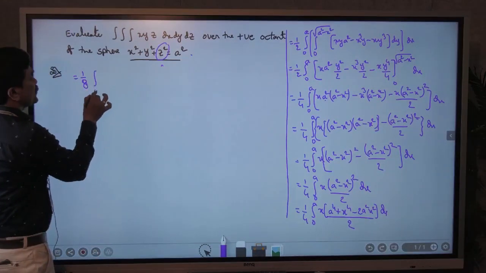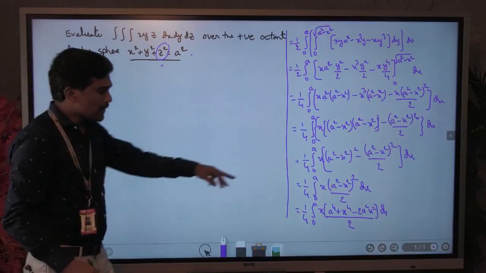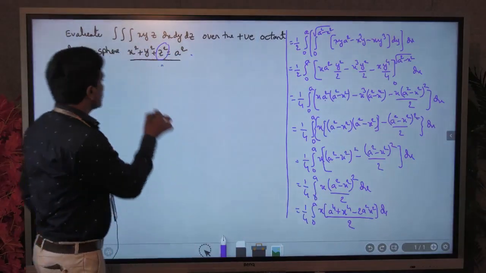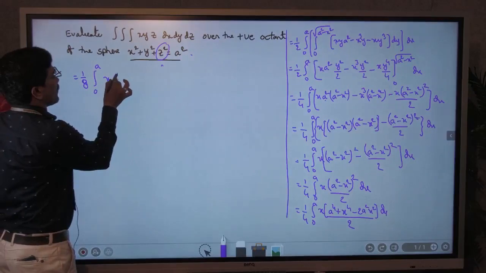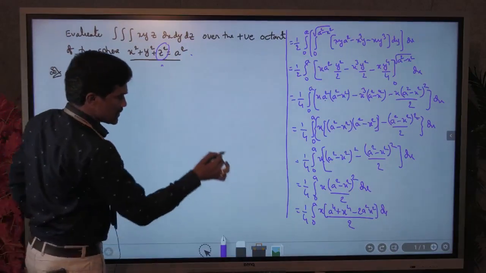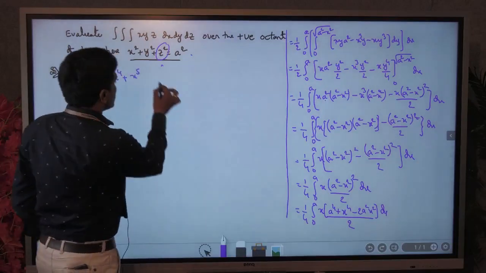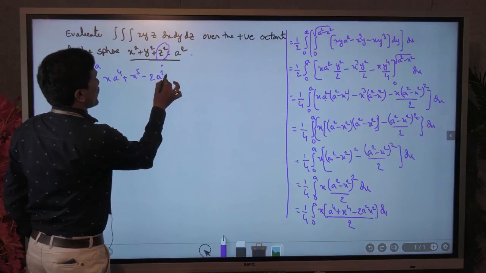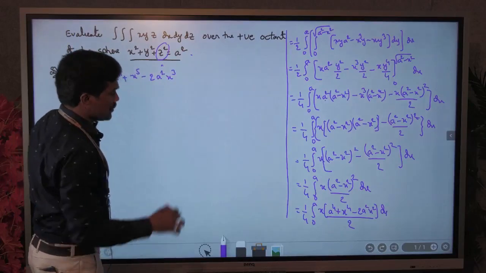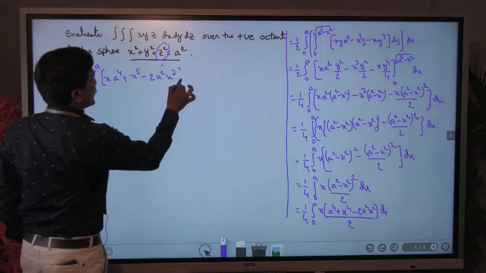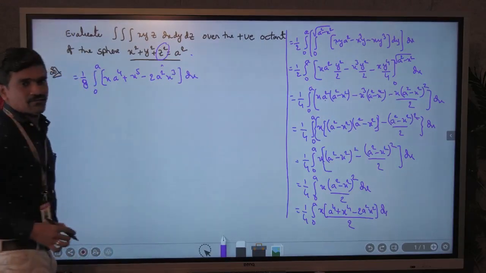So integral 0 to a. Now multiply x with each term. So that is x a power 4 plus x power 5 minus 2a square x cube into dx, right? This is the final function.